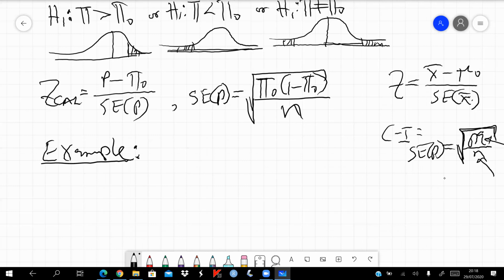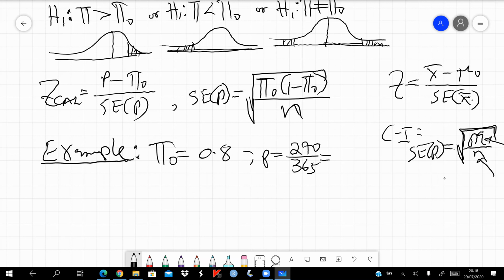So let me transfer the values here. So we have pi naught, 0.8. We have P is 270 over 365. Let's have that value rounded to 0.739.